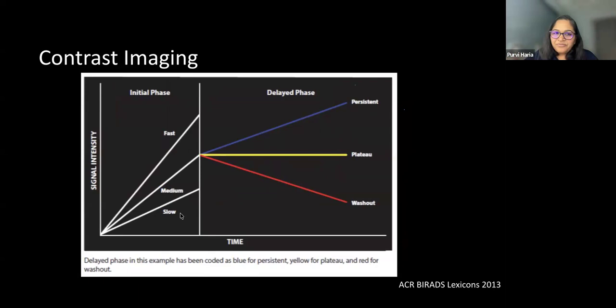But when doing the ultrafast scan, we finish the ultrafast sequences in this first phase. So we are looking at the wash in kinetics and not the wash out kinetic curves. This is found to be more specific for lesion characterization: how the lesion is enhancing, how fast it is enhancing, because neovascularization shows very early enhancement.